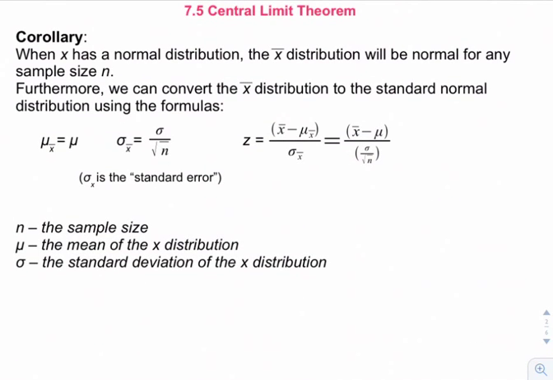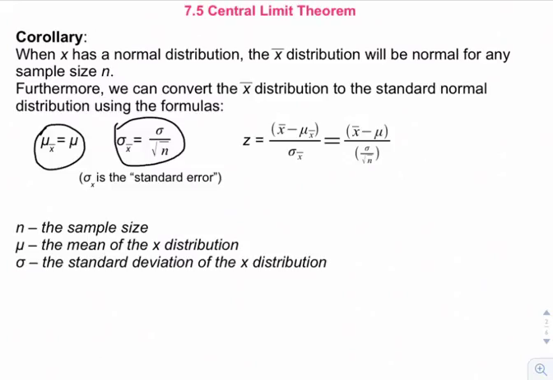So when we have a normal distribution, the x bar will be normal for any sample size, and we can convert this x bar distribution to the standard normal distribution as we did with just the x. So we were able to turn our x values into z-scores. Similarly here, we use a mean and a standard deviation to get our z-scores.